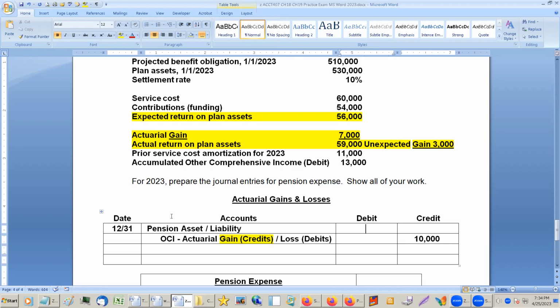If it's a liability, this would be decreasing with a debit. It depends on whether there's an asset or a liability in this account. We really don't need to bother with that though, because if we just put this account in as pension asset liability, it's covered. Whatever it works out at the end, the ending balance, if it's a debit, it's going to be an asset. If it's a credit, it's going to be a liability.